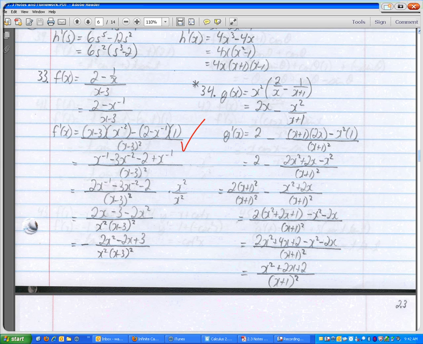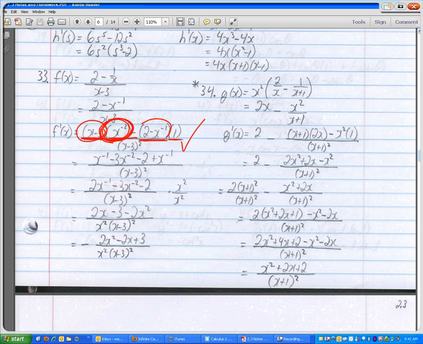I see frowny faces. Where'd I lose you? The bottom times the derivative of the top minus the top times the derivative of the bottom. So that's the bottom. Any questions on why that's the derivative of the top? Minus sign.